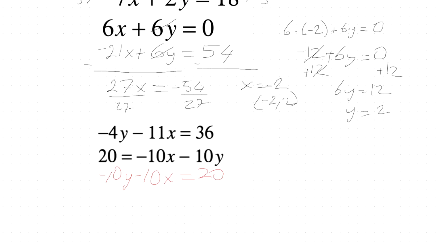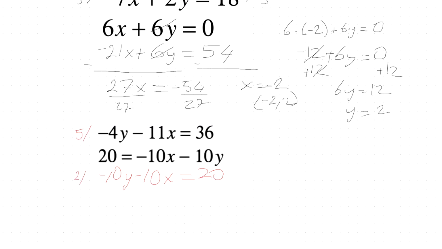So we have negative 10y and negative 10x, and they're not equal. In this case, we will multiply the top one to make them equal to 20. 4 and 10, the least common multiple of 4 and 10 is 20. So I'm going to multiply the top one by 5 and this one by 2.